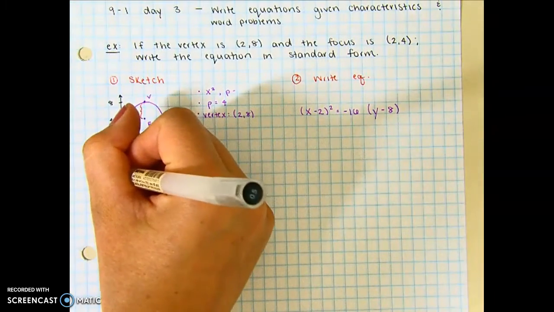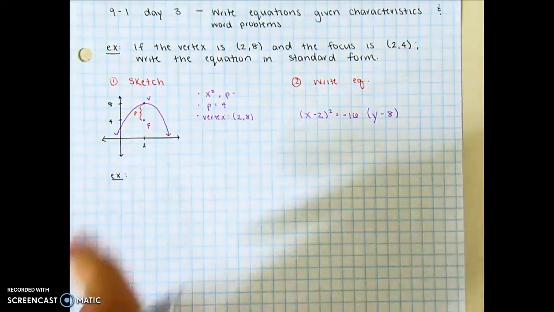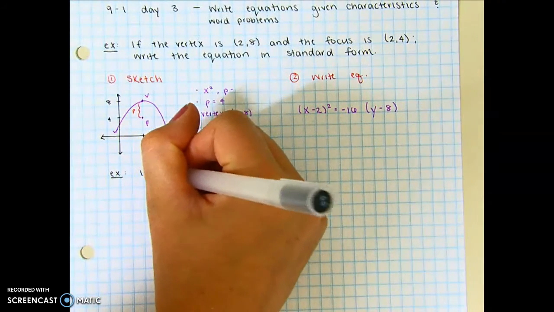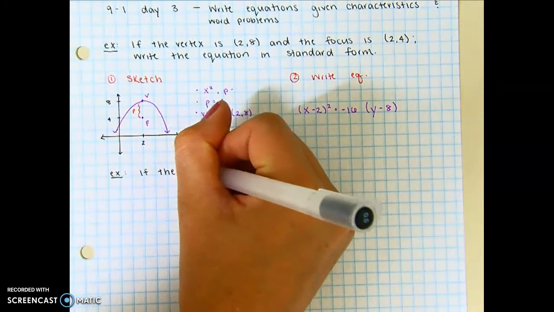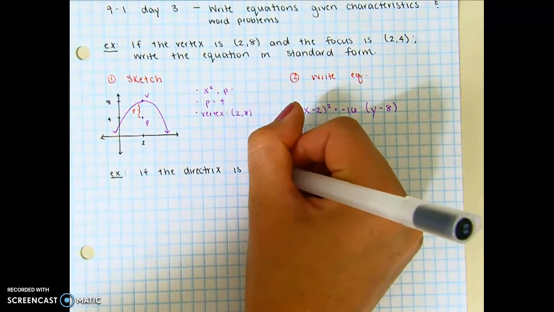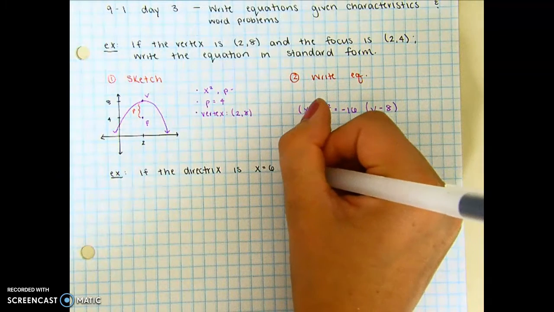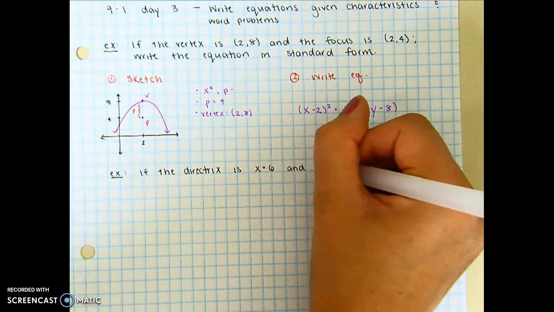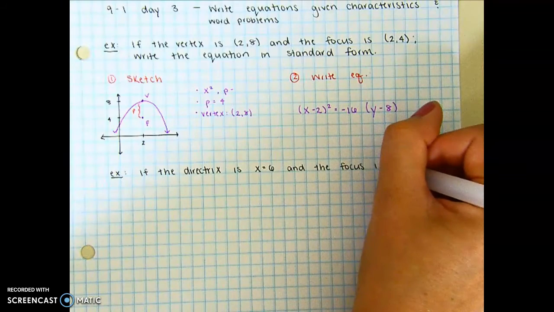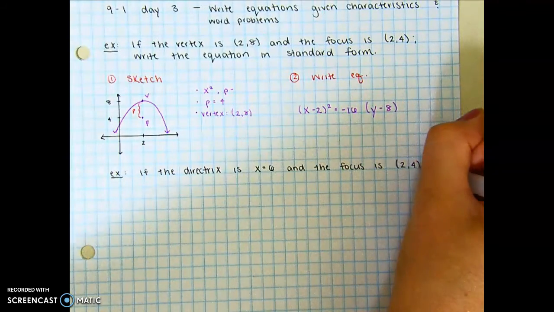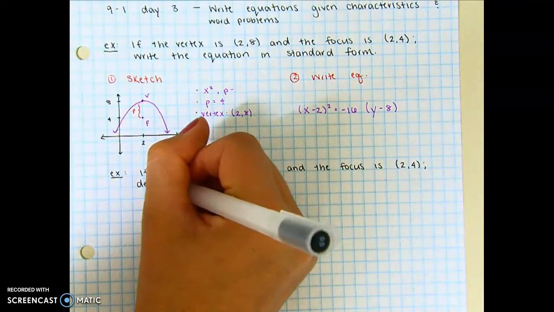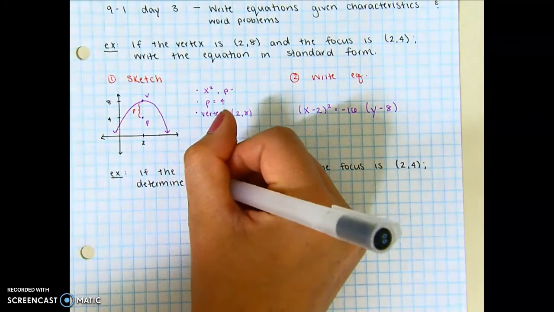So let's do another example given 2 different characteristics. If the directrix is x equals 6 and the focus is (2, 4), determine the equation in standard form.